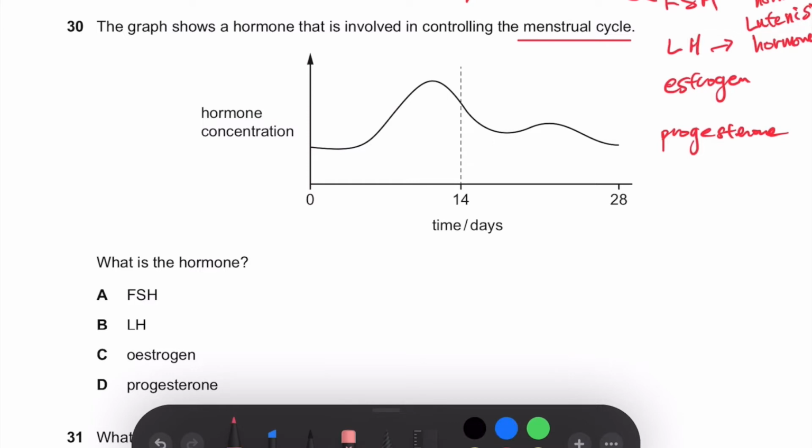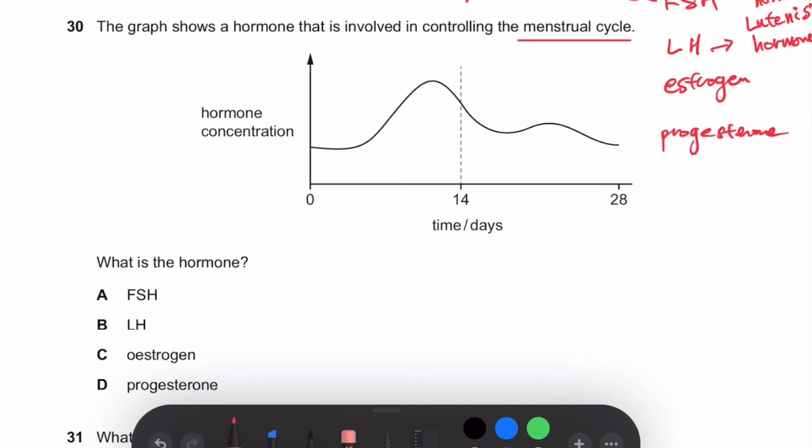So as the follicle cells become bigger and increase in number, the egg inside the follicle cells also develops and grows bigger. So these are all follicle cells, like this.